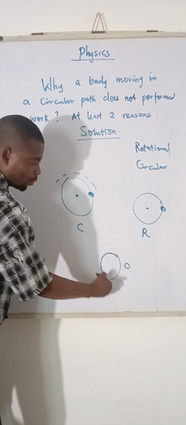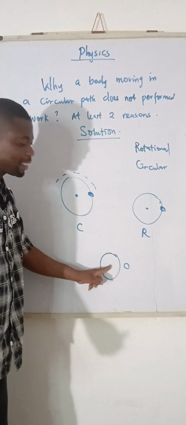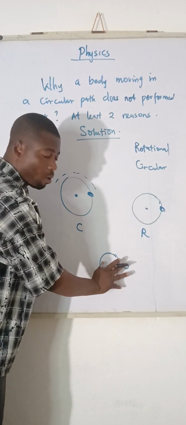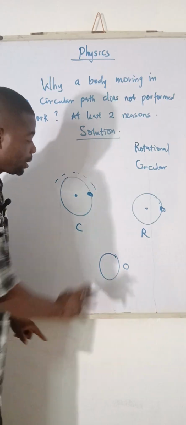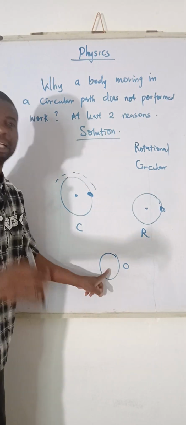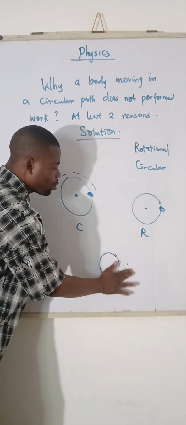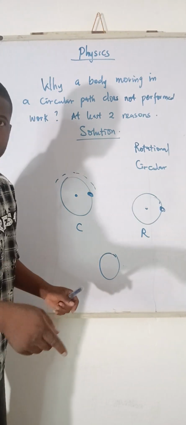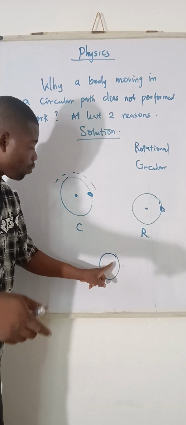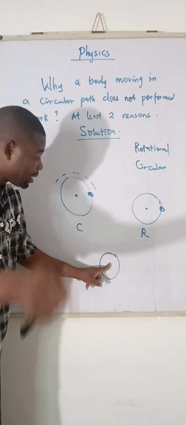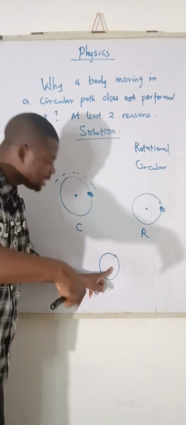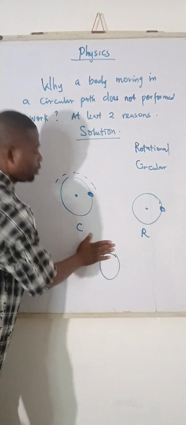The movement of the Earth around the sun, because this center here is owned by the sun, not the Earth, is a circular motion. But the motion of the sun itself is a rotational motion. Why? Because the center of the circle or the axis is right within the sun. Do you understand? So that is the difference.